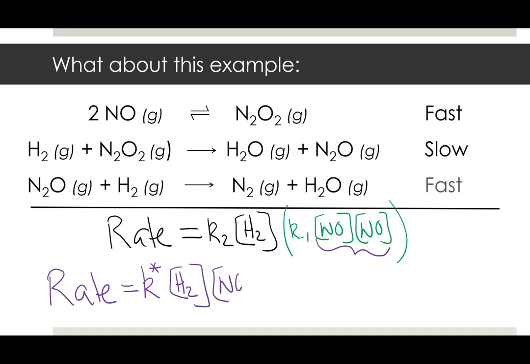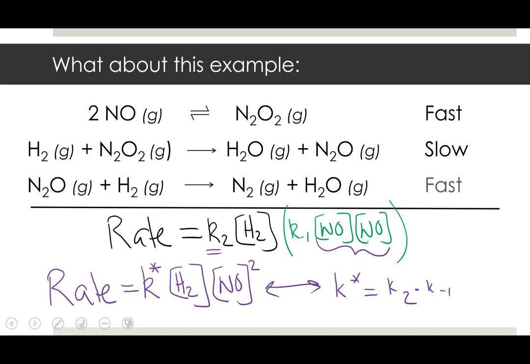So NO, second order. And then I'm going to have my little disclaimer over here where K asterisk is K2 times K negative 1. These are cursive Ks. I know that confuses people for some reason. So this would be the answer to this question.